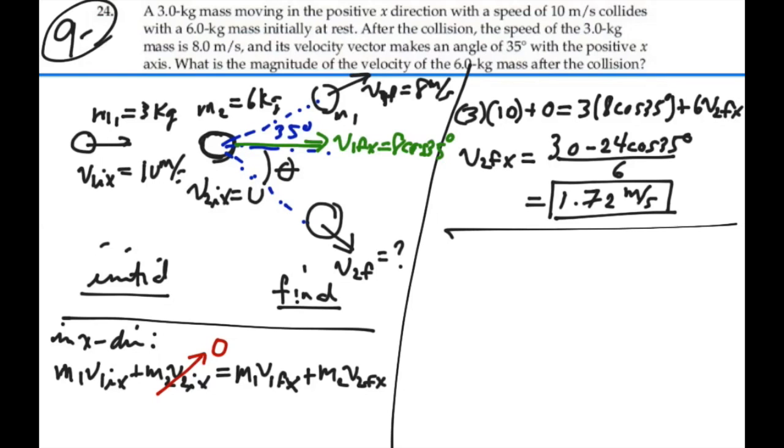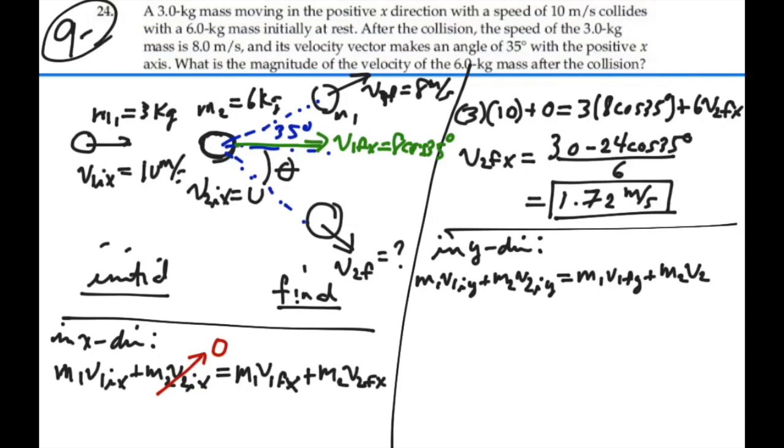We also need to find the component in the y direction. So if we look in the y direction, momentum will be conserved there as well. So we have mass 1, v1 initial in the y direction, plus mass 2, v2 initial in the y direction, should equal mass 1, v1 final in the y direction, plus mass 2, v2 final in the y direction.